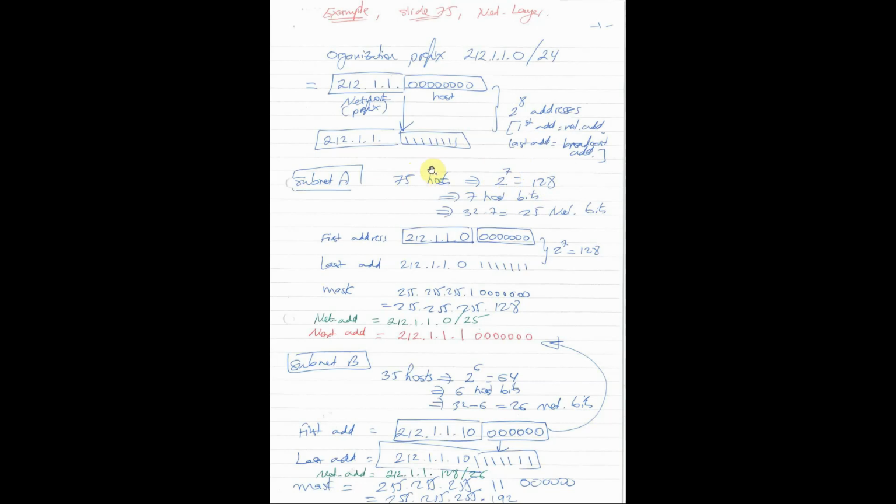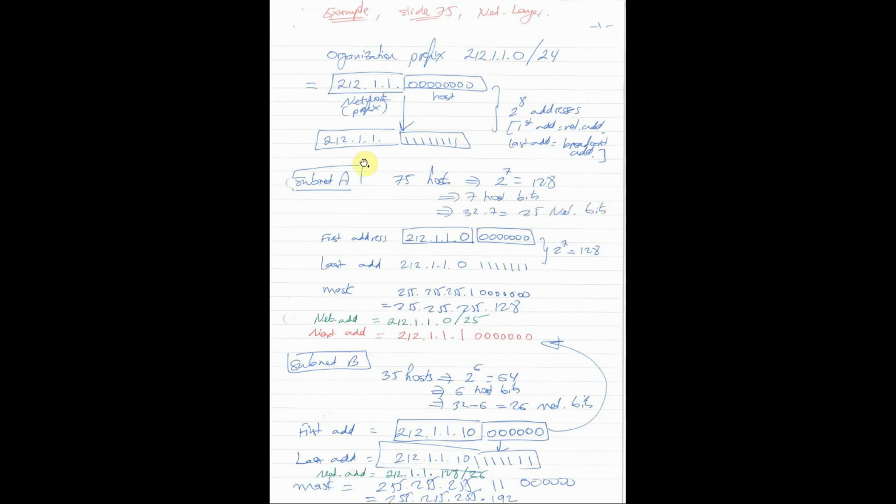Of course, the total size of our subnet needs to be a power of 2, because the host bits are binary, and then the total number of sequences is always 2 to the power of something, right? So 2 to the power of 7 is 128, which implies 7 host bits, and implies as well 32 minus 7, which is 25 network bits. So this is what we know just from the number 75: 7 host bits and 25 network bits.